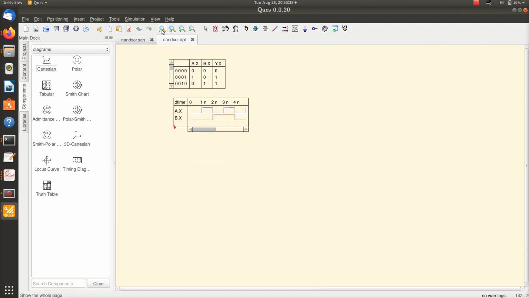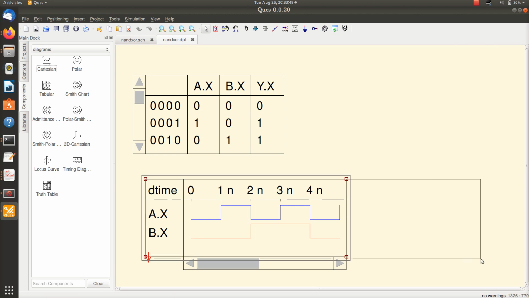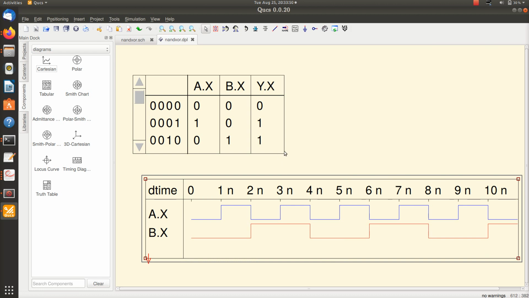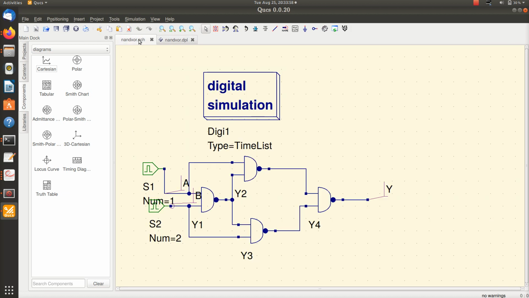If you look here, you can see that the truth table is that of an exclusive OR. Y is my output and A and B are my inputs.